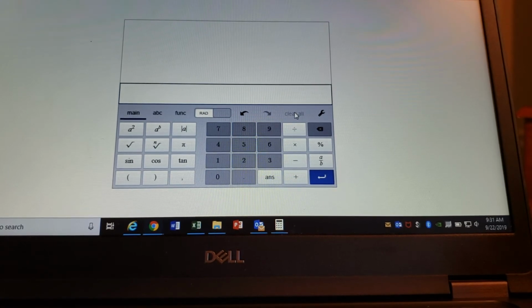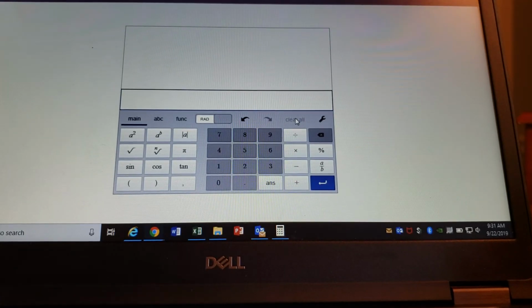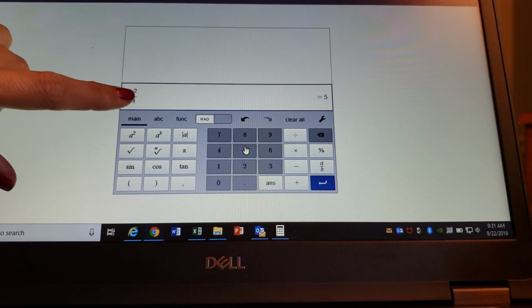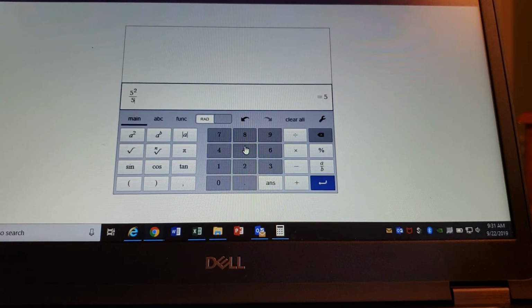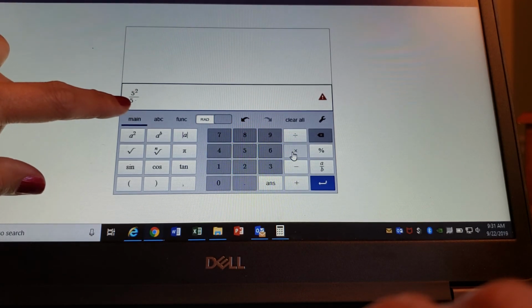I'm going to show you how to put this one into the Desmos calculator. We are going to start off with 5 squared. You are dividing this by 5. Notice now that your cursor is underneath the 5 squared. If we were to hit the times button, we would still be under.